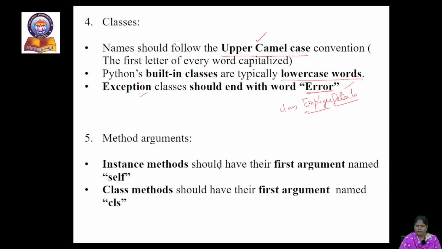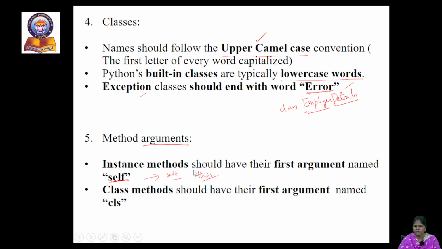And then method arguments, that means when calling a method, we will be passing values to the parameters, that we call arguments. And the instance methods should have first argument what? Self. It should use the keyword self, used for self-referencing purpose, like this in Java.